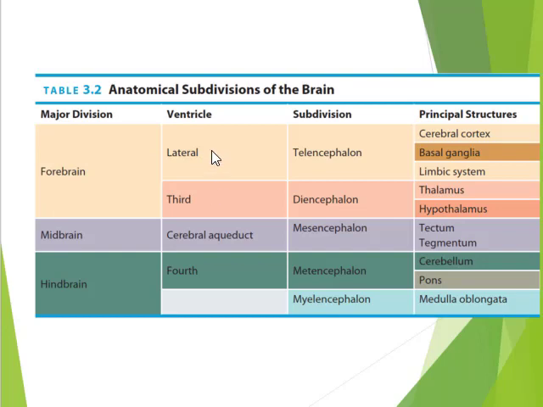The lateral ventricle becomes the telencephalon, the third ventricle, the diencephalon. The telencephalon importantly differentiates into principal structures including the cerebral cortex, the basal ganglia, and the limbic system, which we will discuss in detail. The diencephalon becomes the thalamus and the hypothalamus, which we will also talk about momentarily.